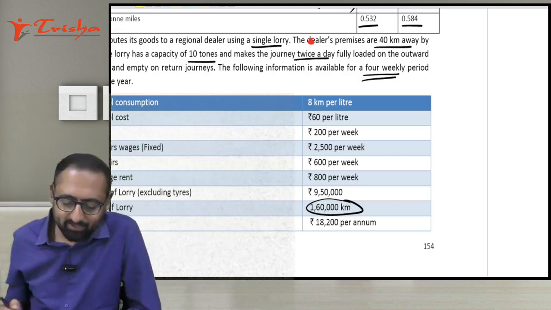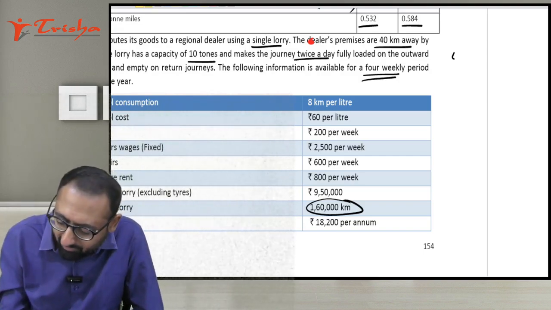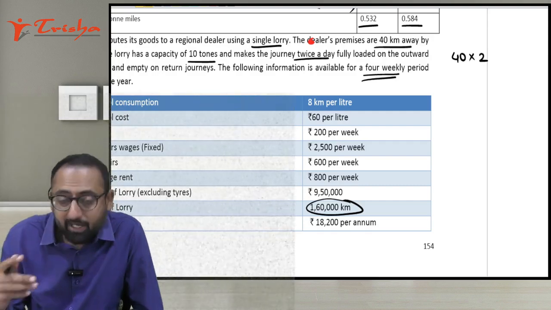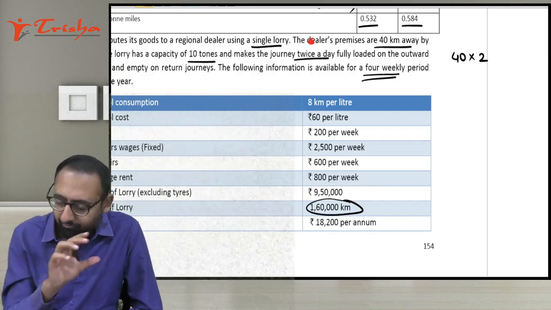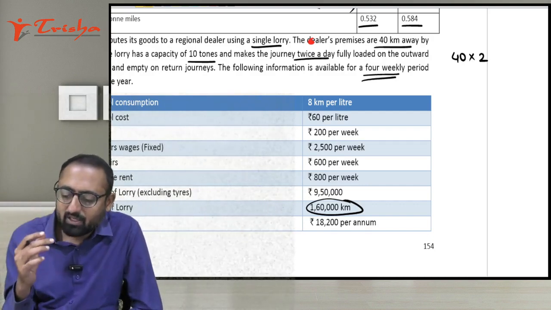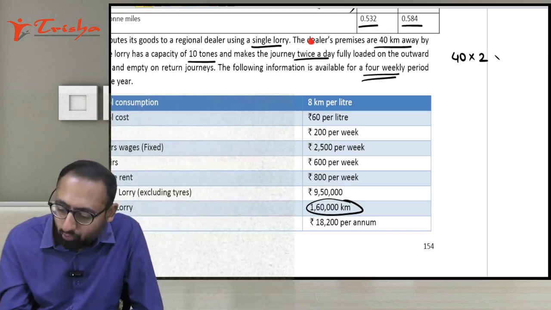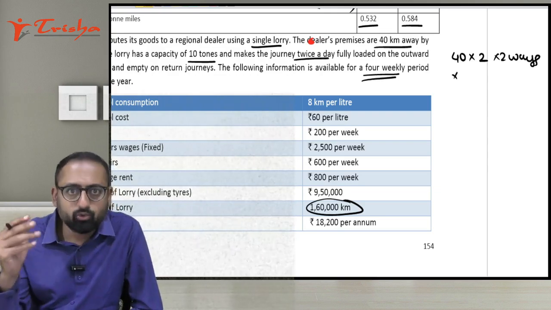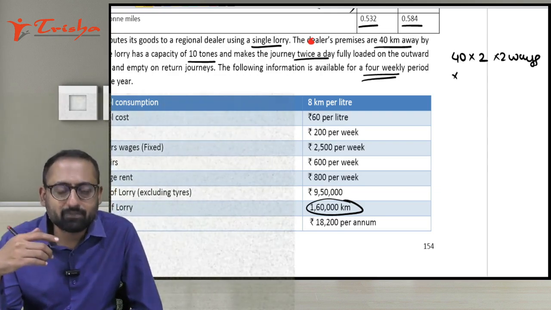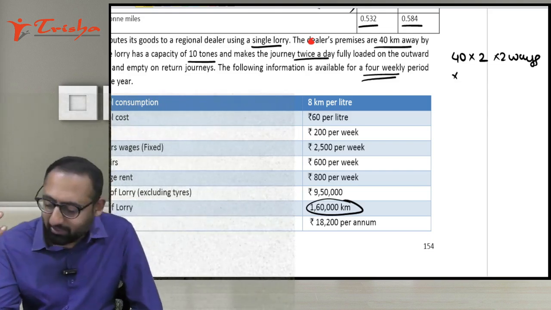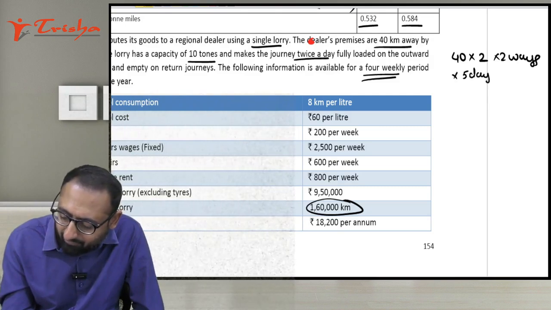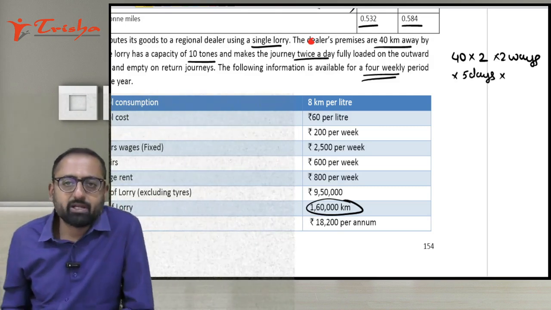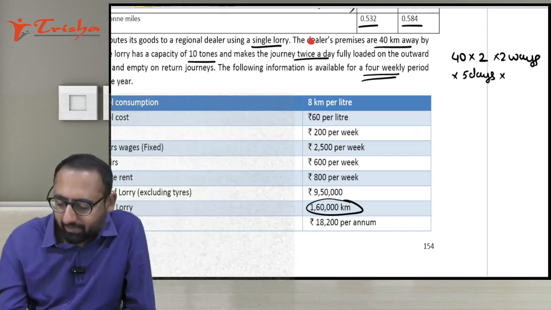Now let's see, guys. 40 kilometers one way, multiplied by 2 times a day. So 40 kilometers a day one way, into 2 trips, into 2 ways. Obviously, whoever goes will come back. After that, you'll have to multiply it with 5 days a week, and multiply with the 4 weekly period.